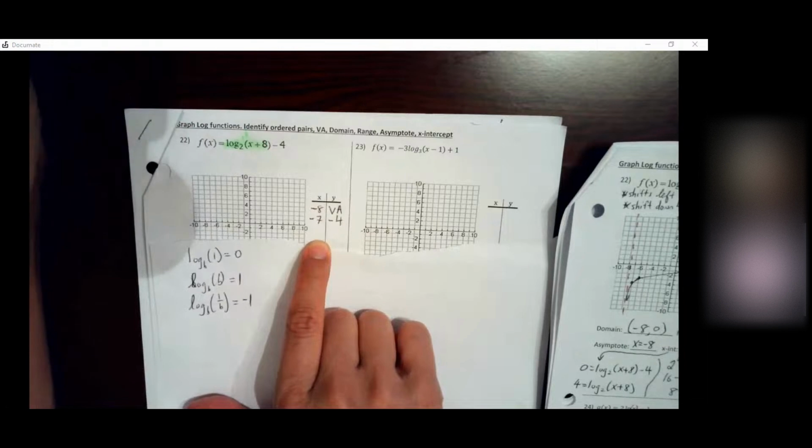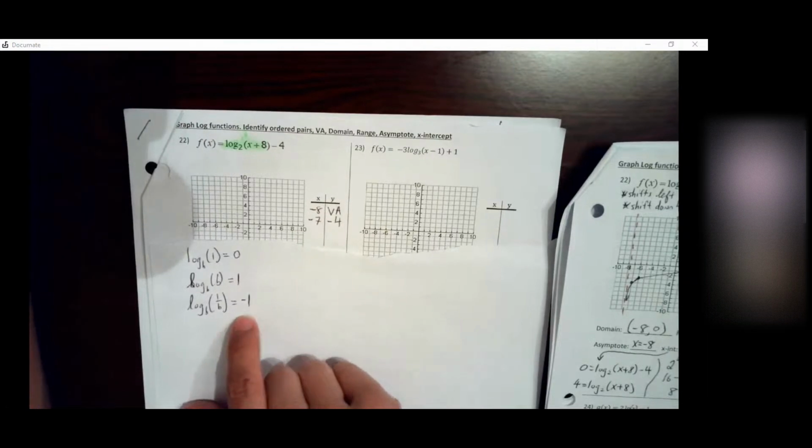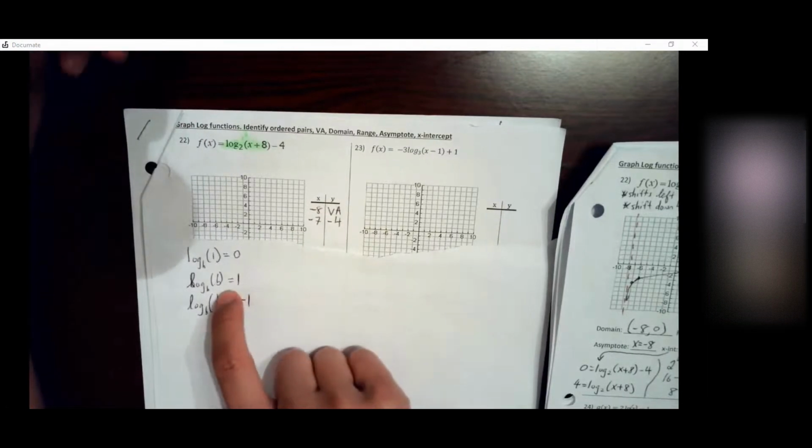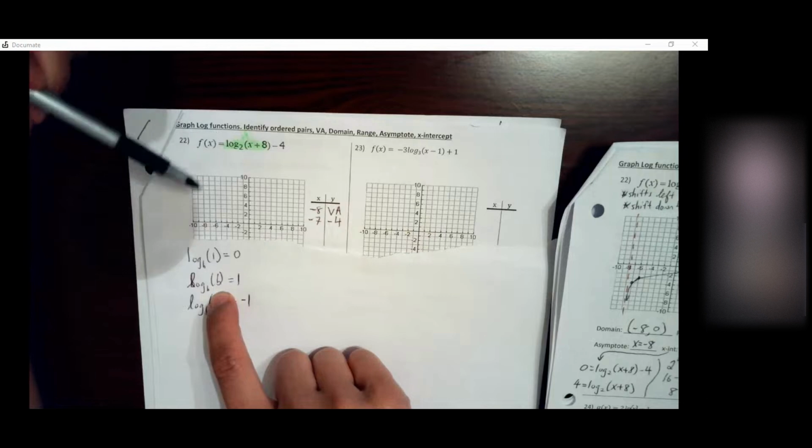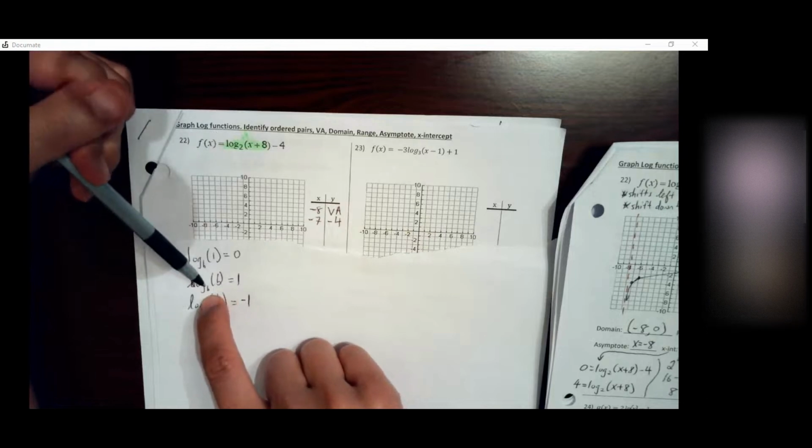And then to make inside the parentheses equal 2, that would be our x. Well, x is 0. Not 8, but 2. That would be -6.